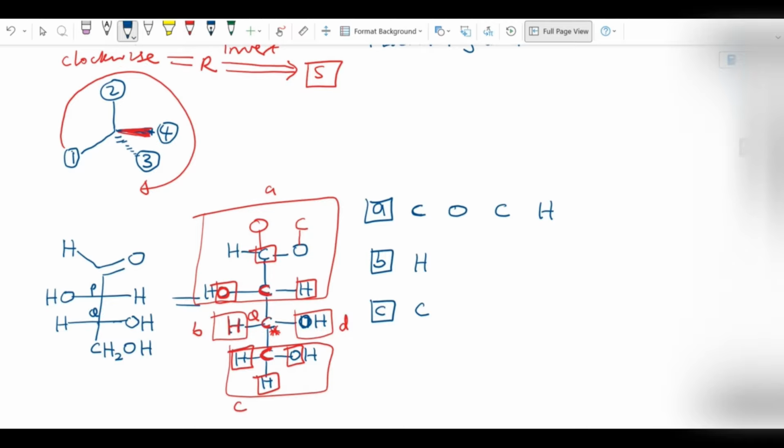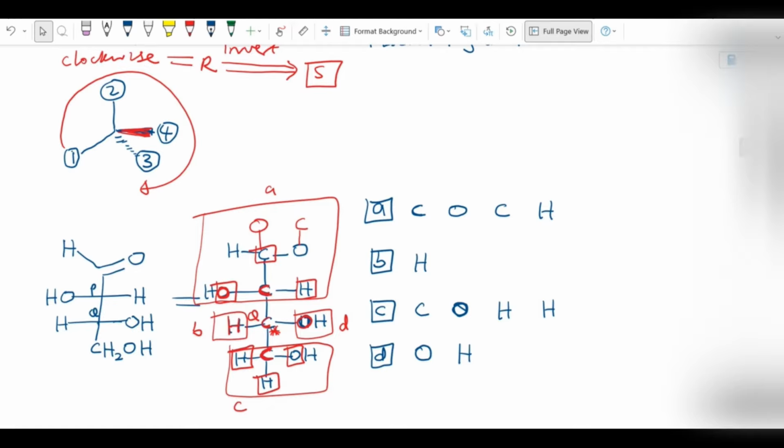So I'll list them in descending order of the atomic number, starting with oxygen, followed by the 2 hydrogens. Then group D. Group D is the hydroxy group. In that group, oxygen is what directly attaches to the chiral carbon Q. So I'll list oxygen, then followed by the subsequent atom that is attached to it.